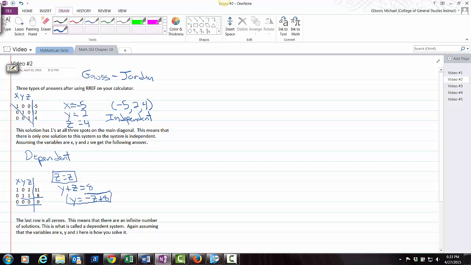So we're going to do the same kind of thing now and solve for x. You see what we're doing: we're solving for the other two variables, x and y, in terms of z, so there's going to be a z in them. This first equation here is x plus 2z equals 11. Now sometimes, see, there's no y in this one, because there's a 0 there.